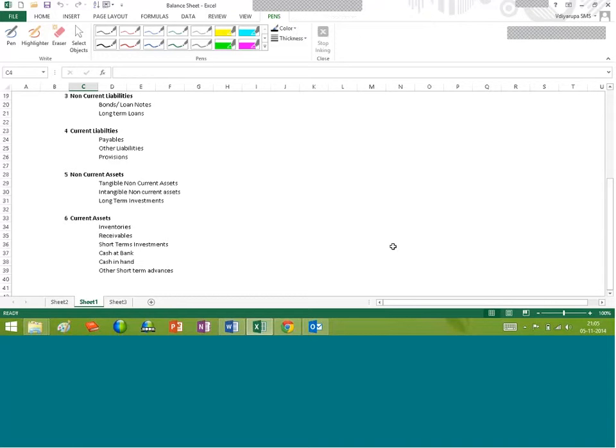Very important. Hence we refer to them as tangible non-current assets, and they are expected to fetch the business a benefit over a longer period of time.